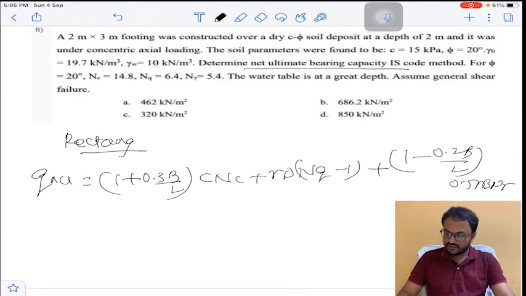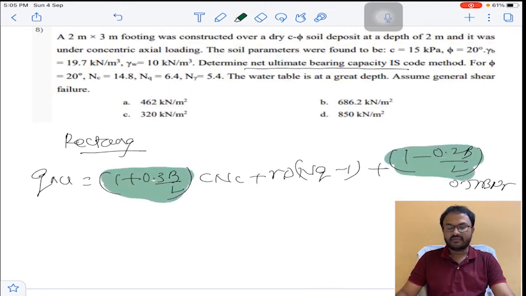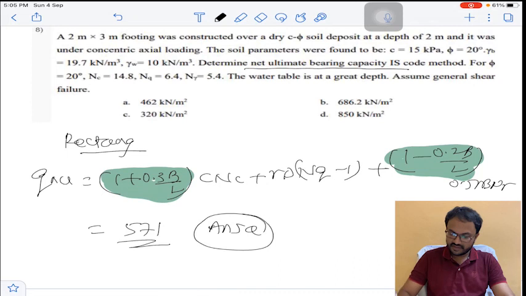The only new terms added to the earlier formula are these two. The remaining is the same as the usual strip footing. By substituting all the values given, you will get a value of around 570. The nearest option is answer A. So for question number 8, answer A.